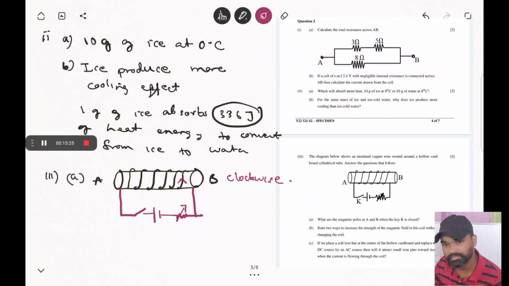Yes or no? Which means which pole will be induced over here? Clockwise, south pole. And at A, we'll have north pole. Done? Chalo. This was number A.